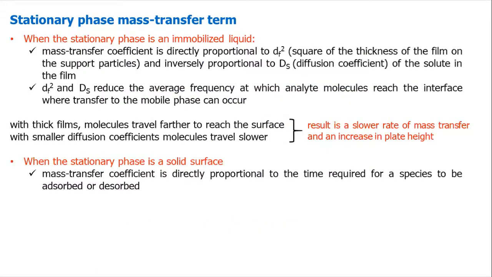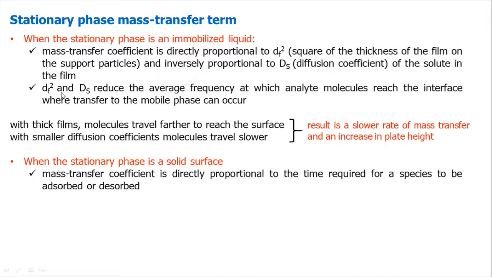So when the stationary phase is an immobilized liquid, the mass transfer coefficient is directly proportional to the square of the thickness of the film on the support particles, or dF squared. And it is inversely proportional to the diffusion coefficient, or Ds, of the solute in the film.